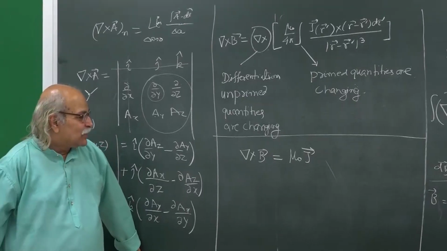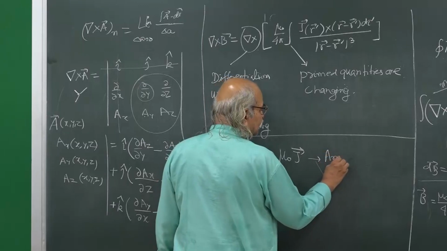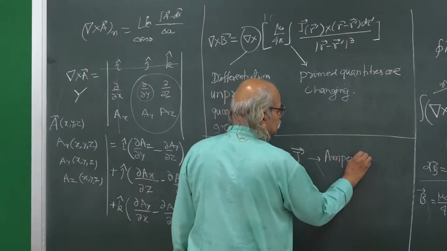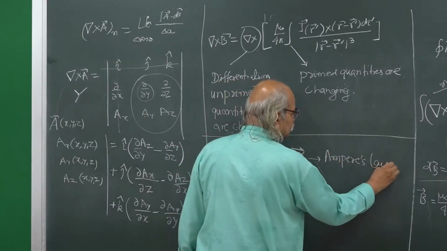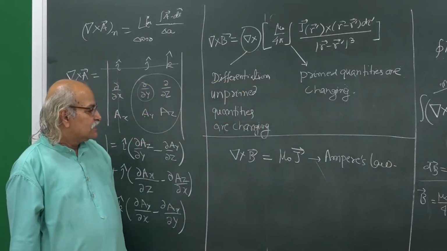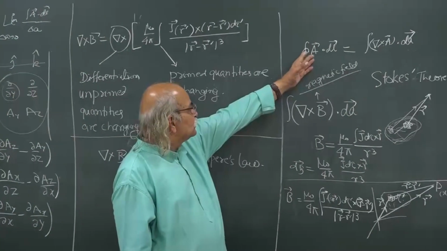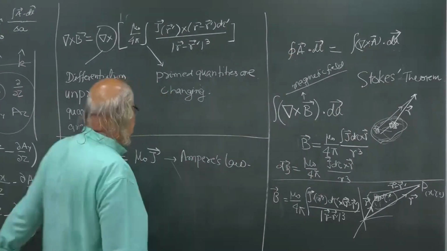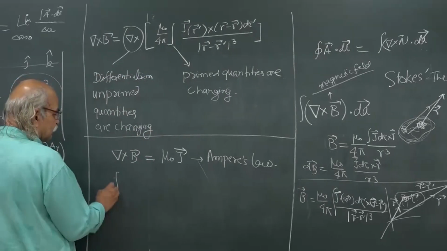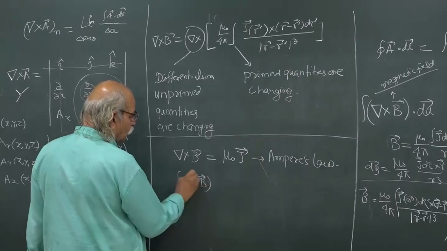And it is this equation which is known as Ampere's law. If you use this equation, then you can say curl of B dot dA.